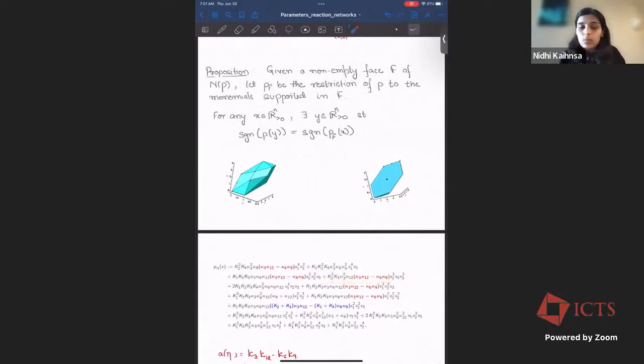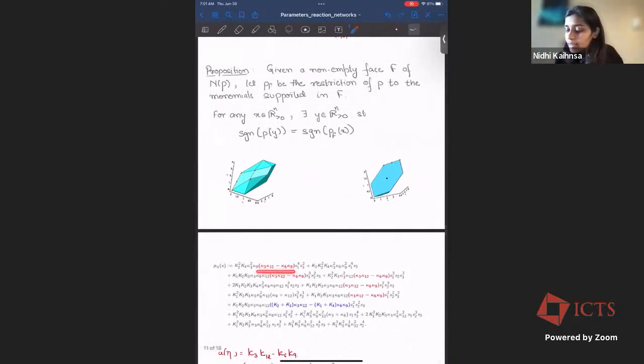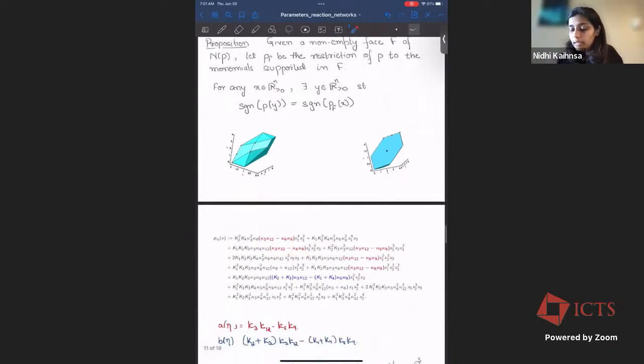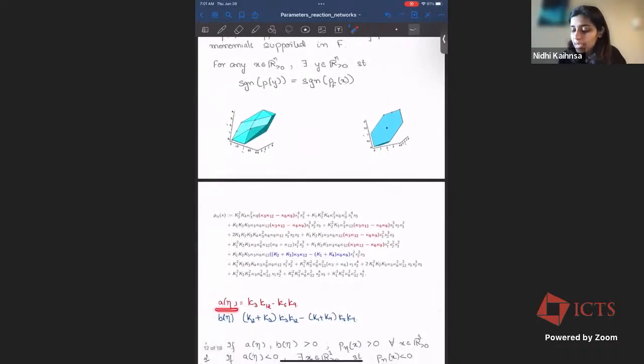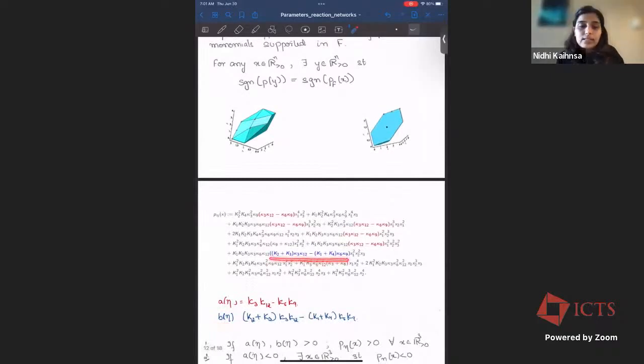And the ones which can go negative are marked in gray, or black. Now, the nice thing is that these gray points are the vertices, and they're determined by exactly one polynomial in the parameters, and we'll call them A eta, and B eta is the blue point, and it is supported at a point on the inside of the face.